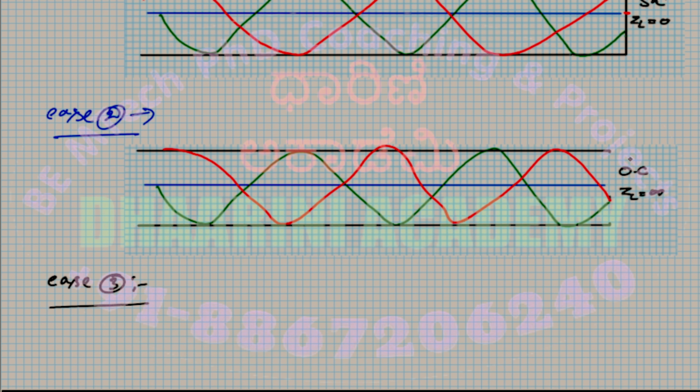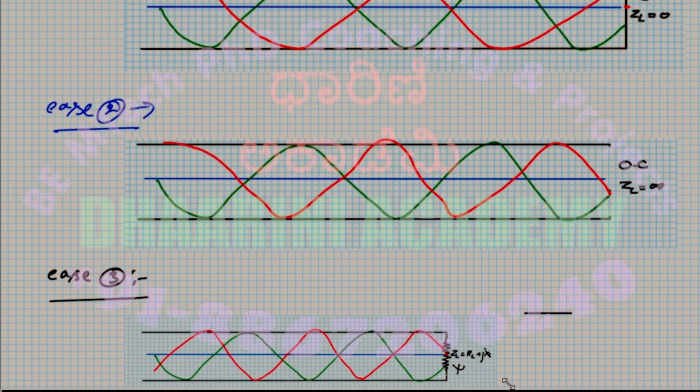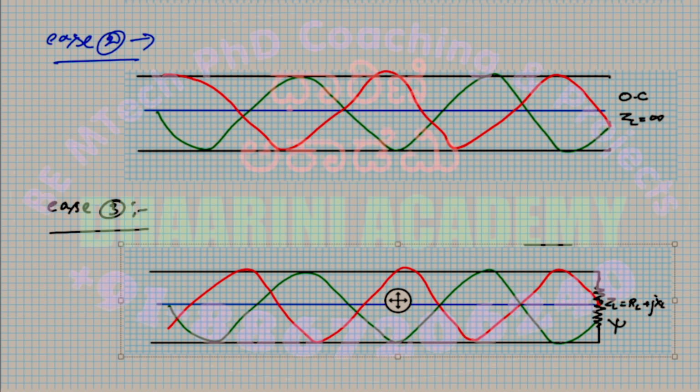Let me copy it in. Okay, so this is how it's going to look like.